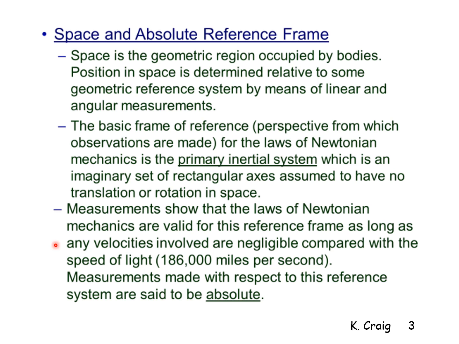Also understand that measurements show that the laws of Newtonian mechanics are valid for this reference frame as long as any velocities involved are negligible compared with the speed of light, 186,000 miles per second. Measurements made with respect to this reference system are said to be absolute.